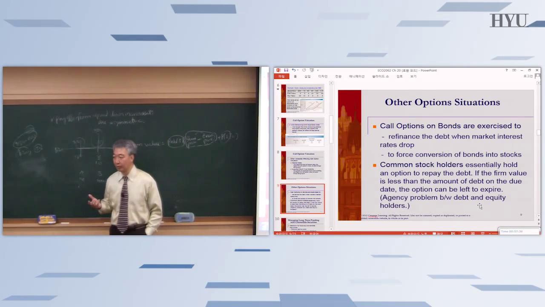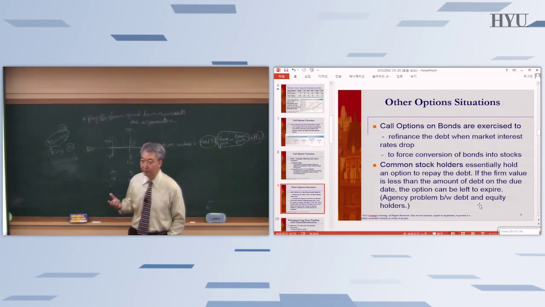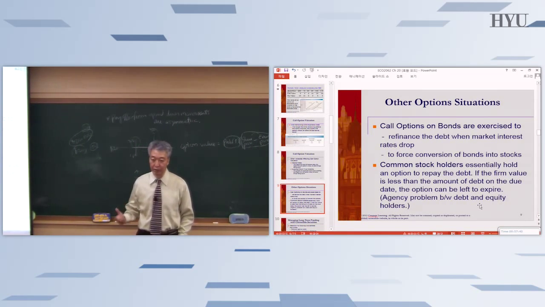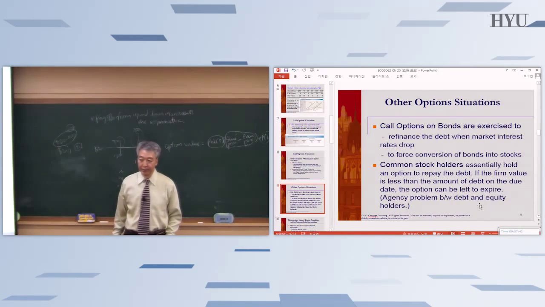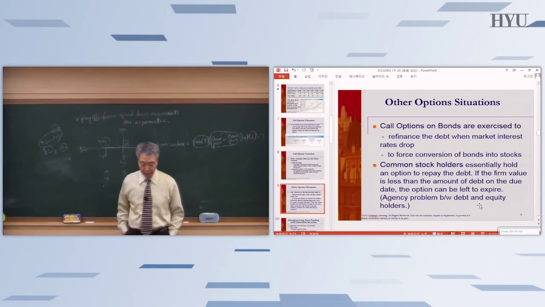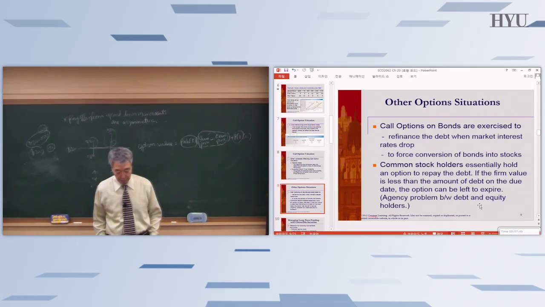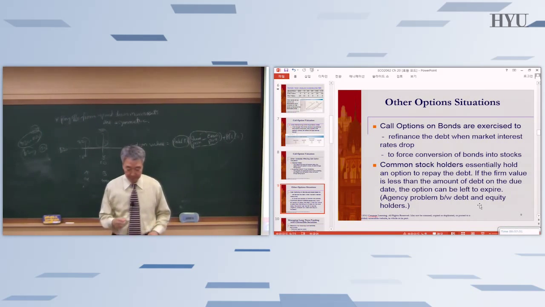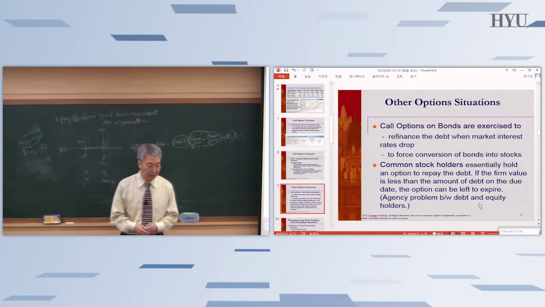Let's say each unit of this bond can be converted into 10 shares of stock. We'll discuss later why the company would do that, but that's another reason for a call situation. Again, that's an option. They have the right to do that, but they don't have to.